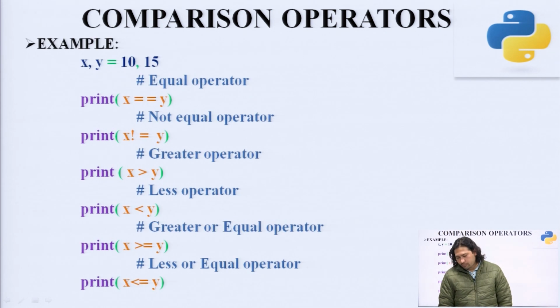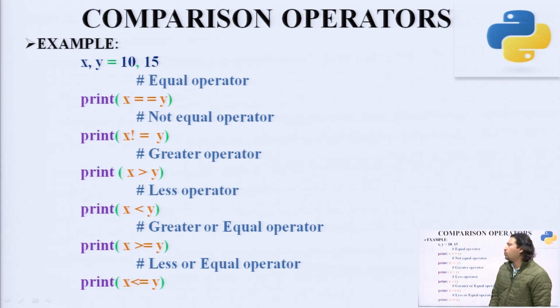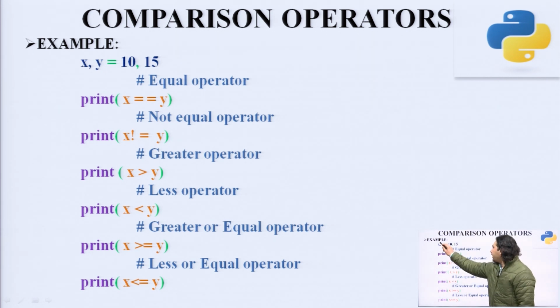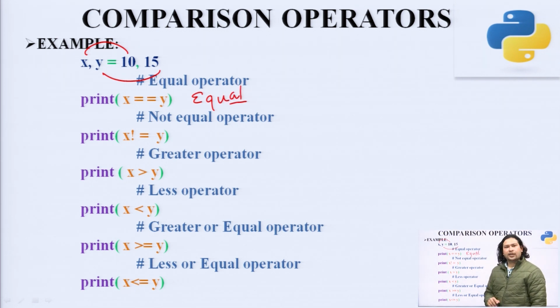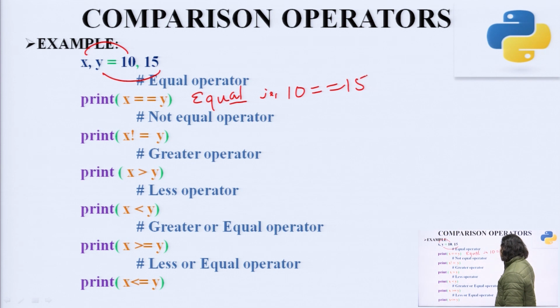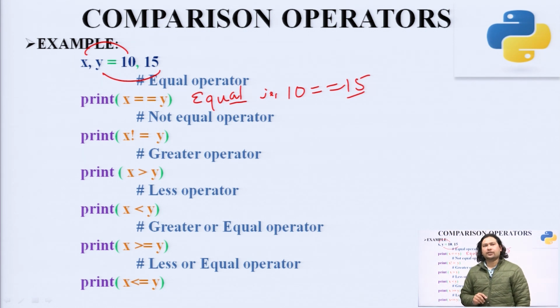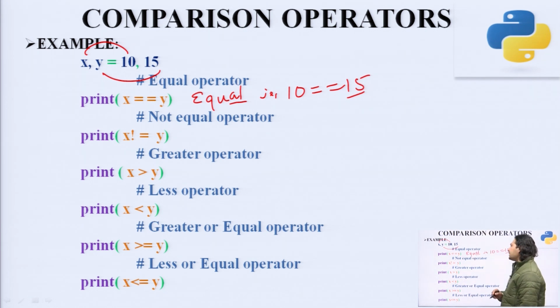Now, how are we going to compare these values? Look at this one. The x value is 10, the y value is 15. For x equal to y, that is, 10 is equal to 15. The important thing here is that whatever comparisons you do, the values are always of Boolean data type.